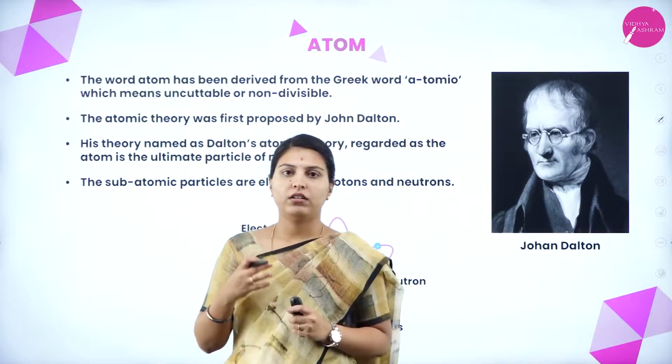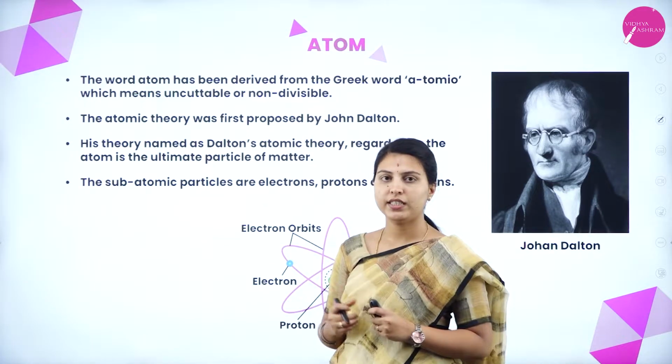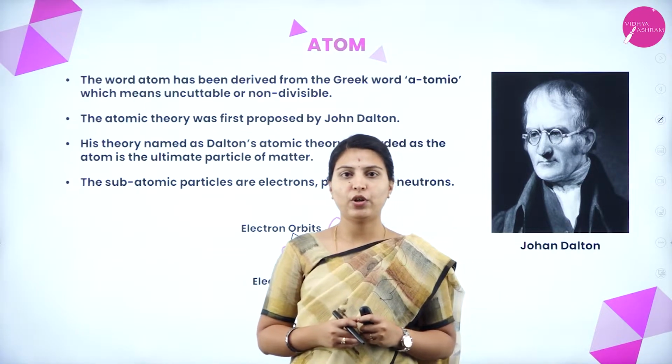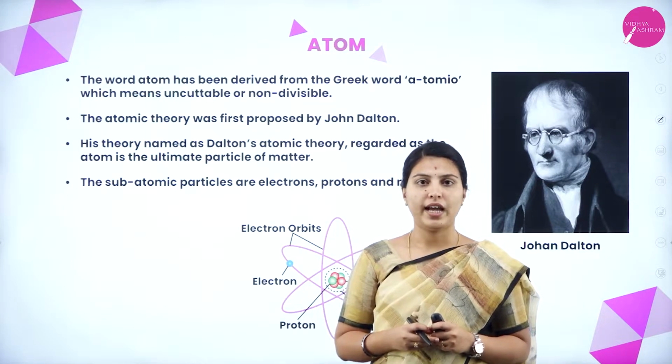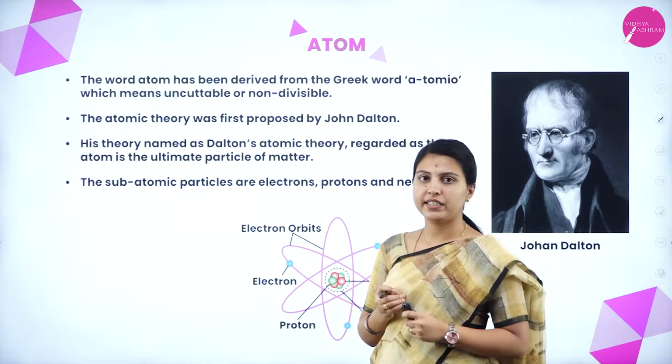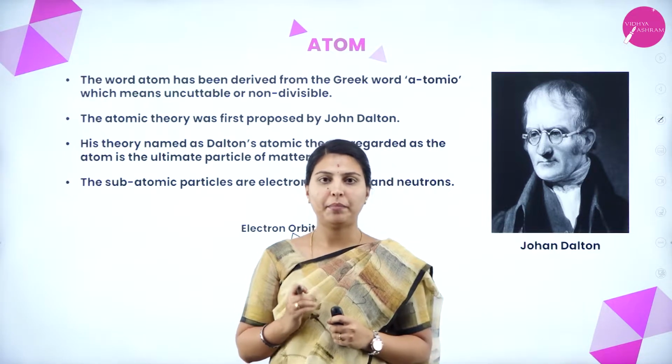First we will see how the atom came into existence, the introduction part of the chapter. The Indian and Greek philosophers, around 400 BC, proposed the existence of the atom, and they stated that atoms are the fundamental building blocks of any matter.